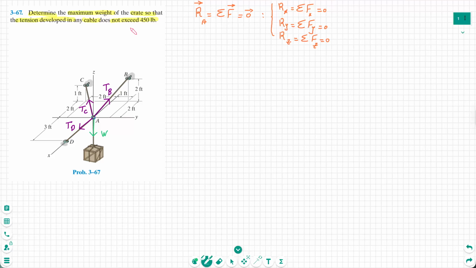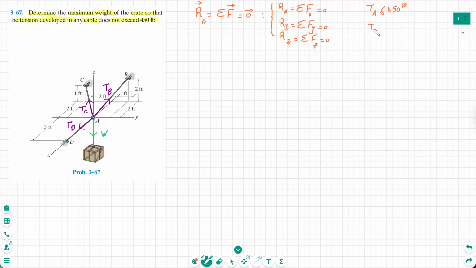Okay, and the question says the tension developed in any cable must be less than 450 pounds. So it also means this inequality: TA must be less than or equal to 450.